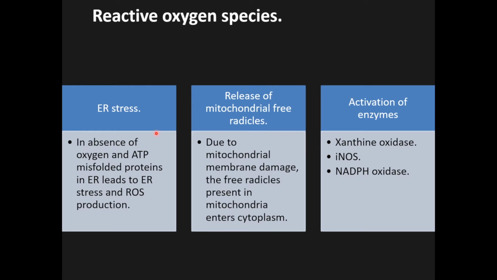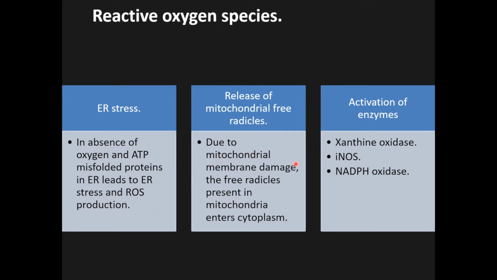In order to fold proteins into their proper conformations, the endoplasmic reticulum needs a constant supply of ATP and oxygen. But whenever there is absence of oxygen or decreased ATP formation, misfolded protein accumulates in the ER and leads to ER stress and reactive oxygen species formation.